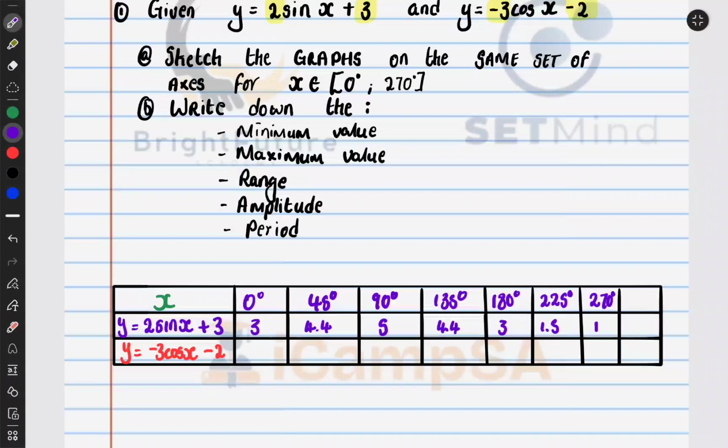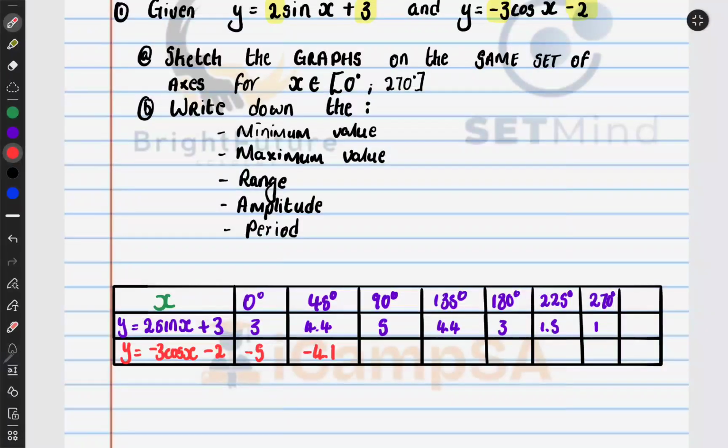Okay, let's do the other one. It's negative 3 cos of 0 minus 2. That gives us a minus 5. And then negative 3 cos 45 minus 2 gives us negative 4.1.